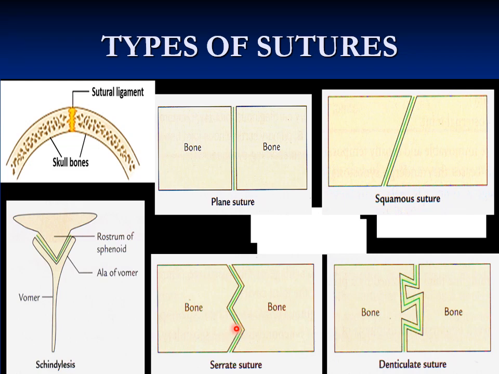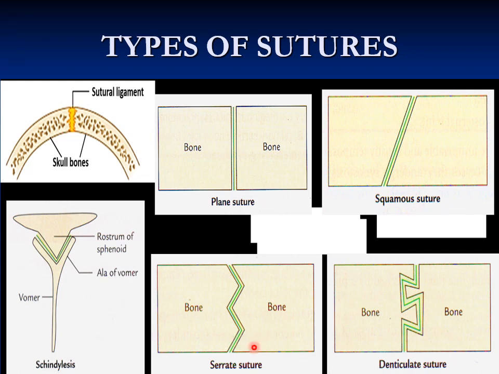The serrated suture shows typical saw-like margins. So the saw-like projections and then depressions indicate that the serrated or saw-like edge of one bone is fitted into the reciprocally saw-like edges and projections of the other bone.